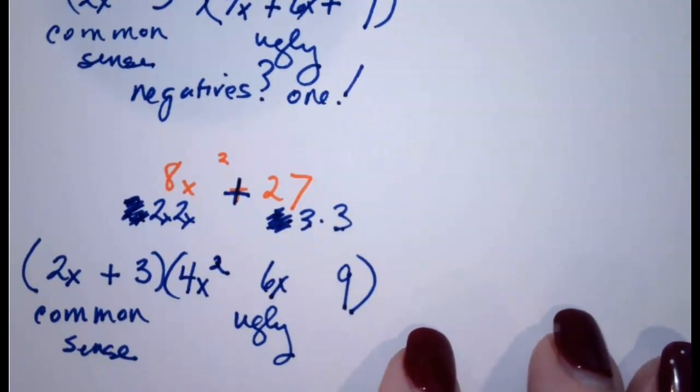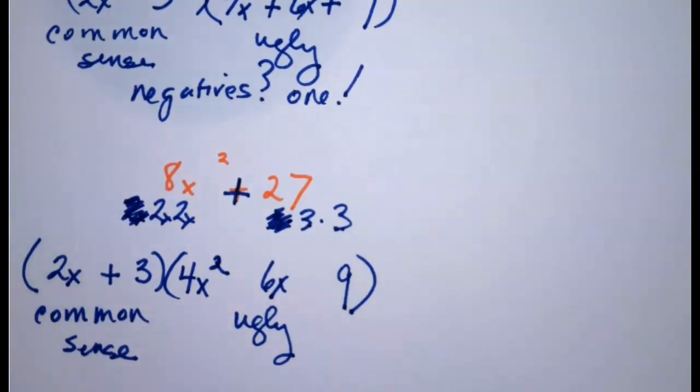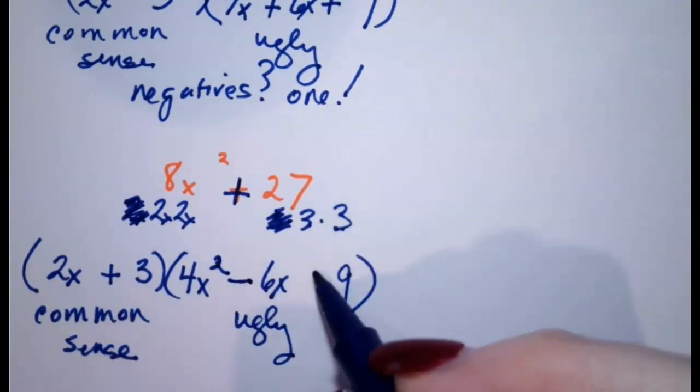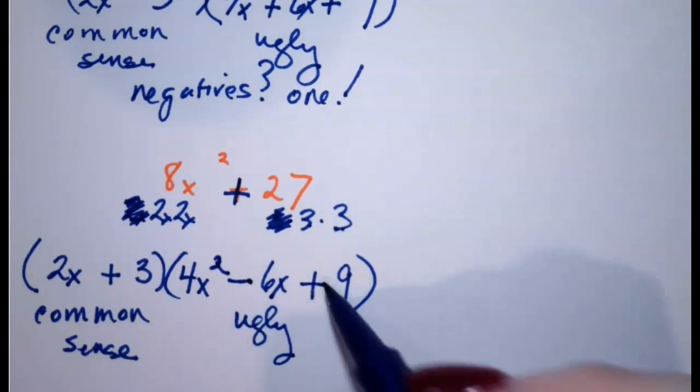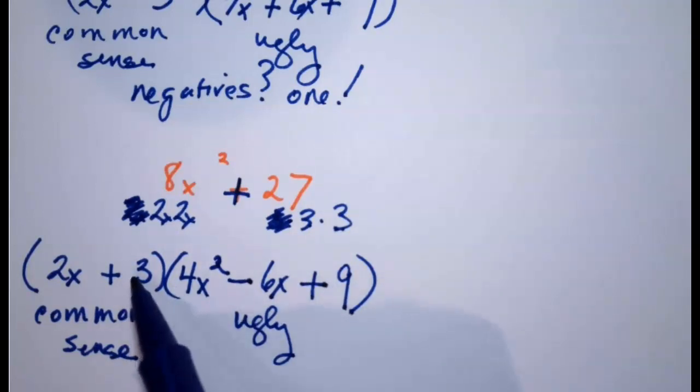Now, how many negatives do I need? 1. I need one negative. If it's not here, it has to be here. It can never be here, right? Because I need 3 times 9 to be positive 27. So that's differences and sums of cubes. Cubes are things to the power of 3.